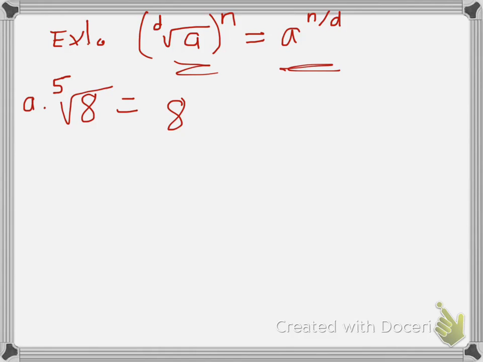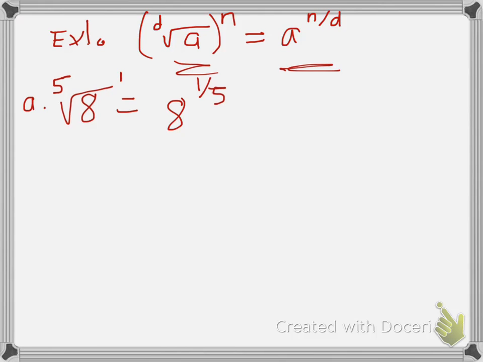Is there a number outside? No. So it's understood to be a what? A 1. So it's 8 raised to the 1/5, because it is the number outside over the other one. Are we okay?